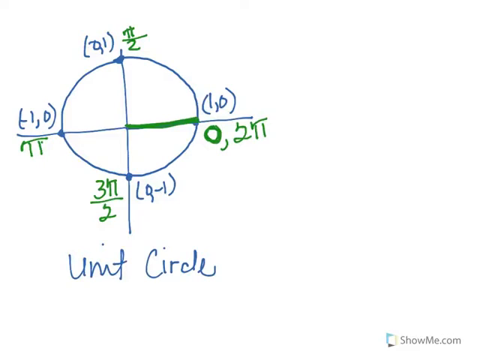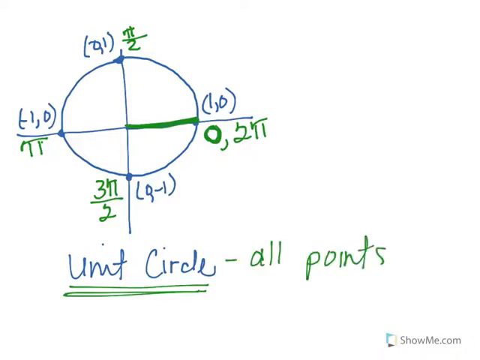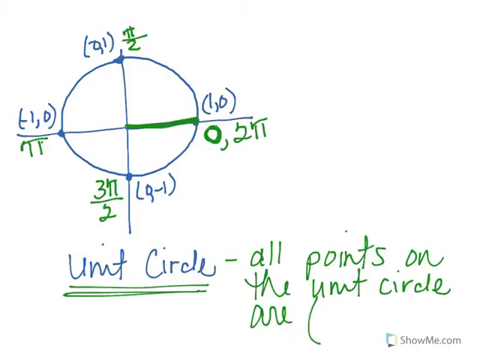Okay. Now, since we are on the unit circle, we do know that all points on the unit circle are expressed as cosine theta, sine theta.